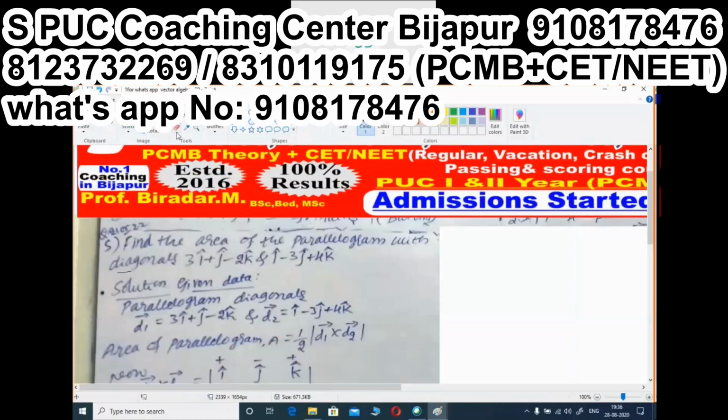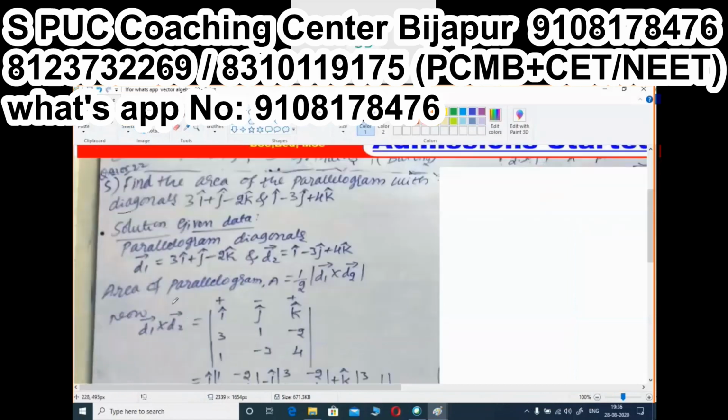I will summarize first and thereafter we shall proceed to the solution. Whatever diagonals he has given, consider the first diagonal as D1 and the second as D2, and the area of the parallelogram formed by the diagonals changes to A is equal to 1 by 2 D1 cross D2.